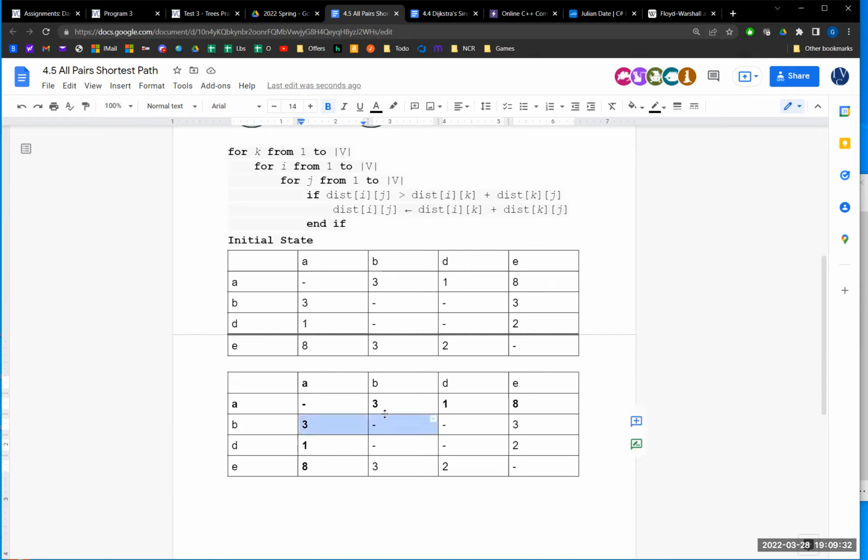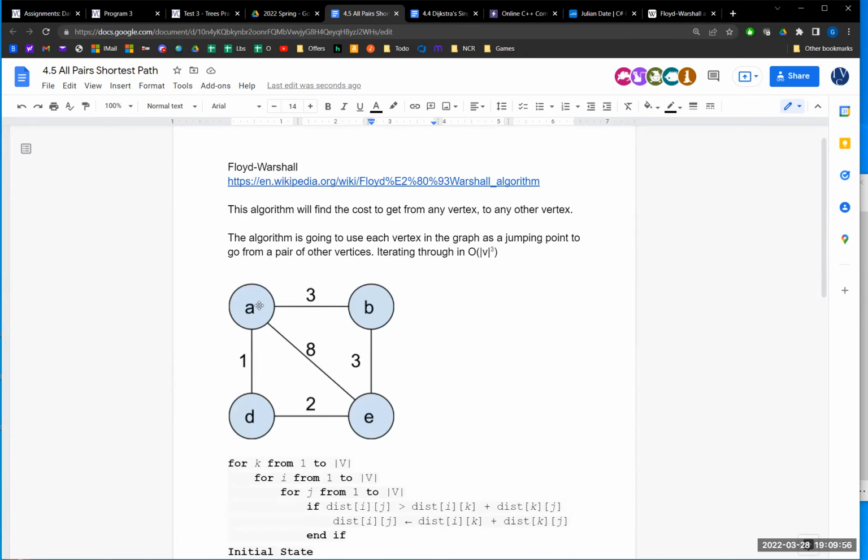Now I is incremented to 2, so now we're looking at B, and we're comparing this particular element's value, which is not known or infinity, versus the sum of 1,2 and 2,1, right? Which is A, B, B, A. So B to B. Going back to the graph, B is trying to use A as a jumping point.